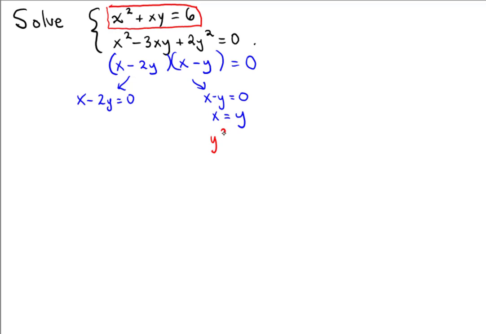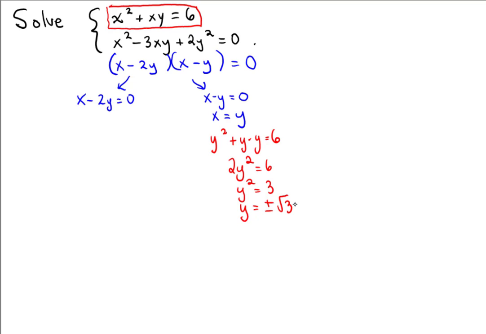So I get y squared plus y times y equals 6. In other words, 2y squared, right, y squared plus y squared equals 6. And therefore, y squared equals 3, and y equals plus or minus radical 3.